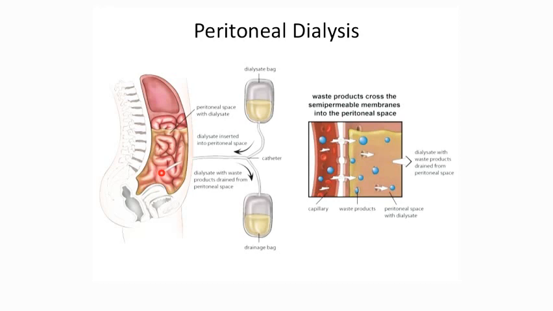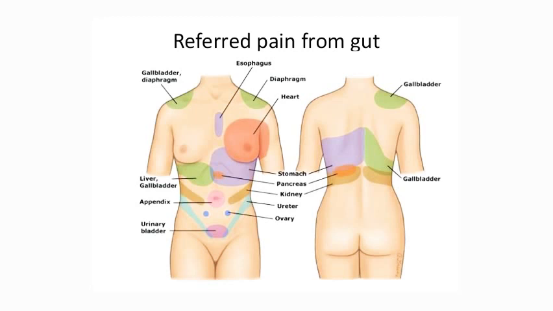Then after a certain time, usually 30 to 40 minutes, all this dialysate fluid which we have introduced into the peritoneal cavity is once again taken back into a drainage bag, and this procedure is repeated many times.